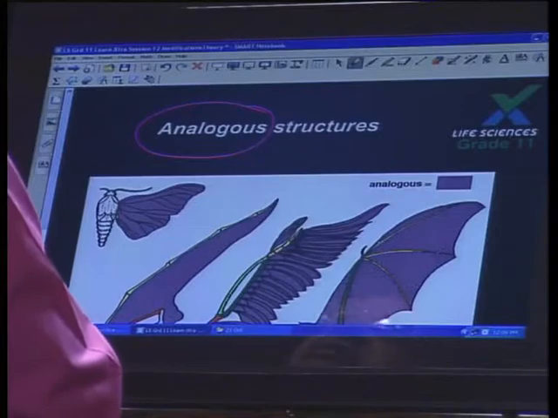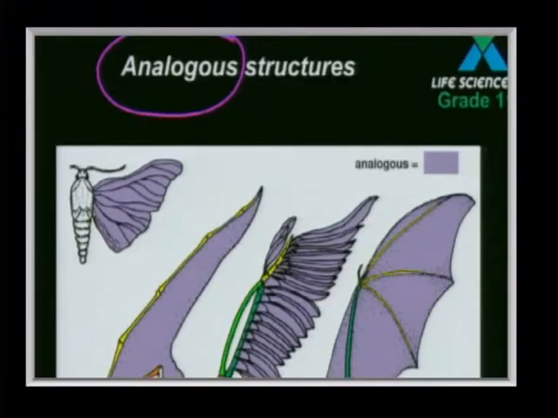Now remember, in the case of analogous structures, you'll find that the function is the same, but there's no common ancestor. In other words, the evolutionary origin is not the same.